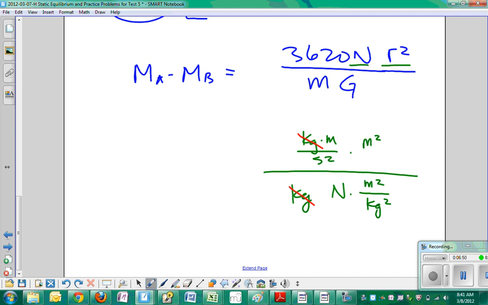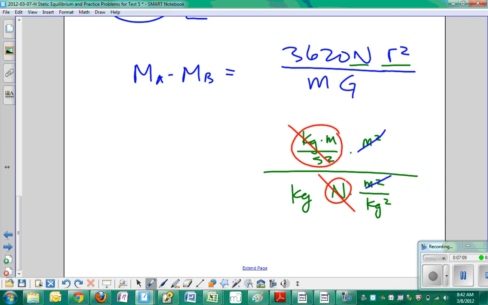Actually, check that out. Let me undo this red, because we could have just left this as newtons. See that this is newtons here and this is newtons here? So those cancel each other out. Then in blue we'll cancel out meters squared on the top.